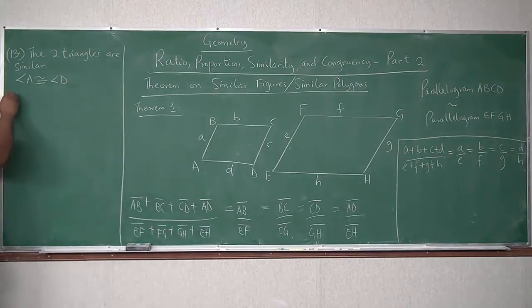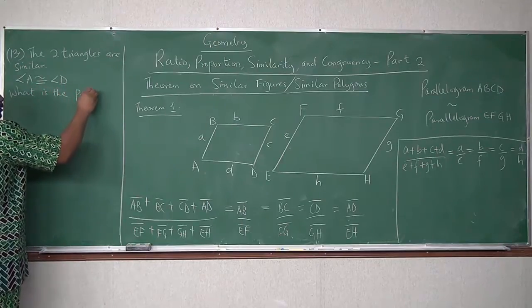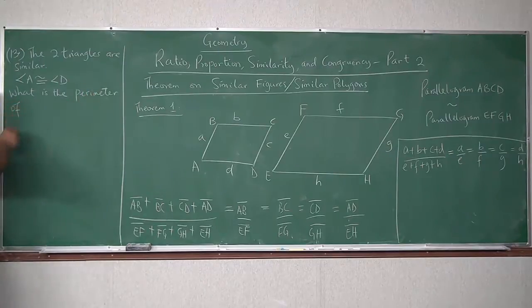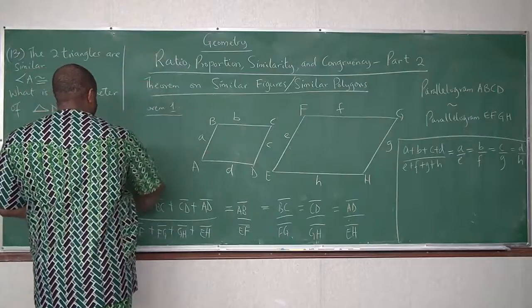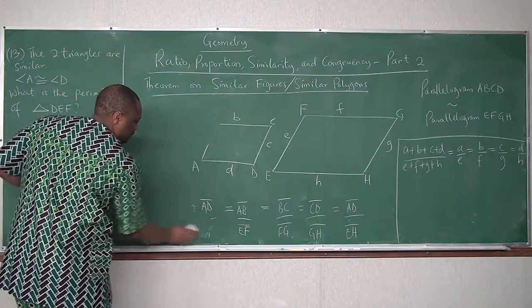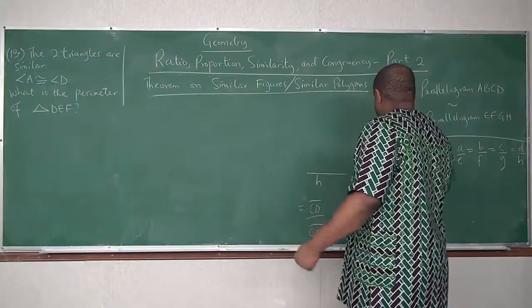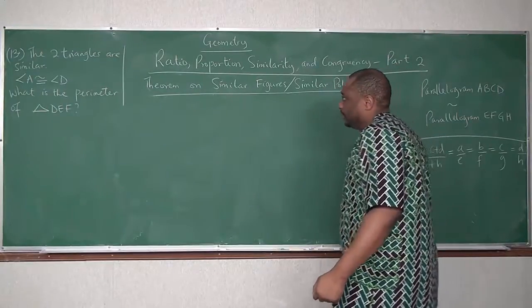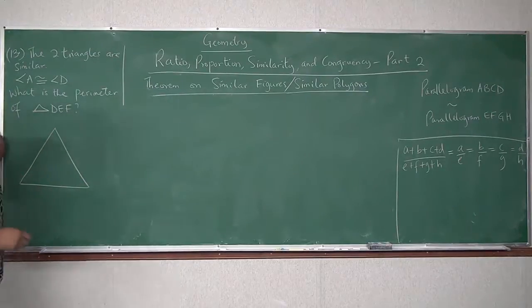Okay. So it says here, angle A is congruent to angle D. What is the perimeter of triangle DEF? So we have these two triangles: triangle ABC and triangle DEF.